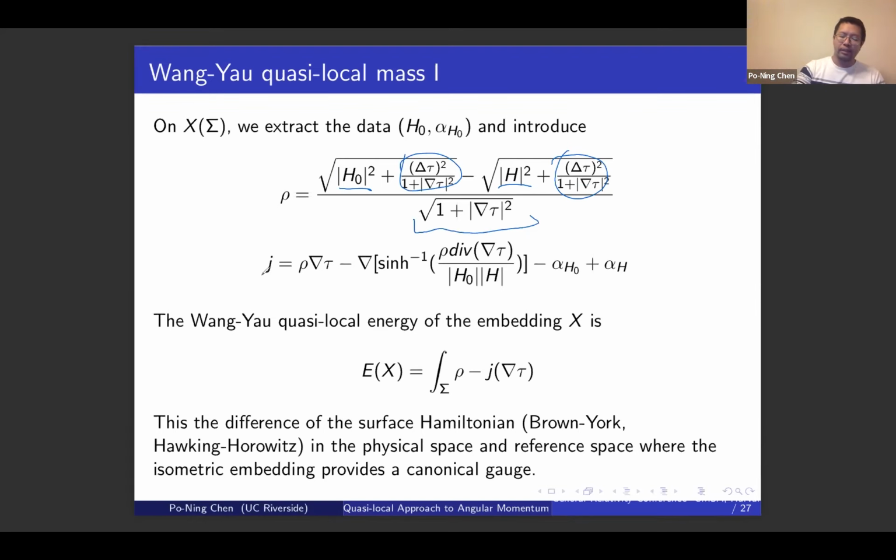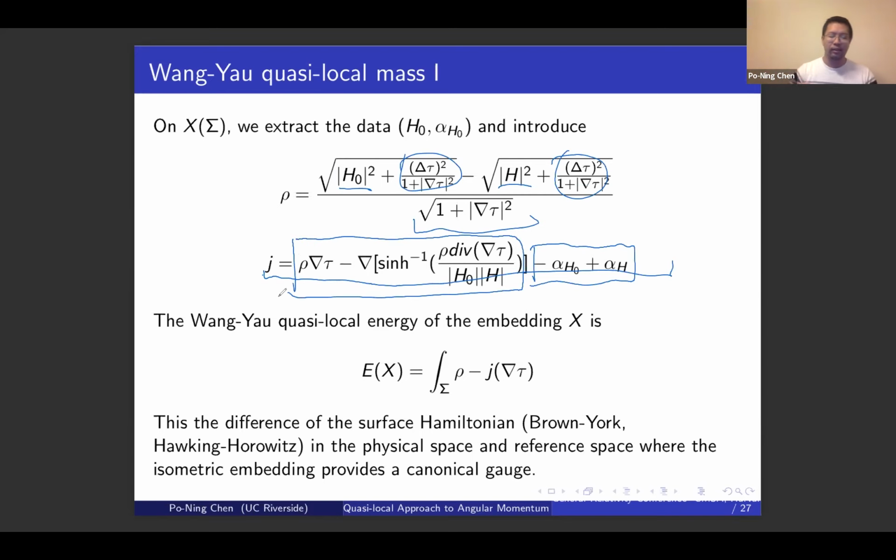And a quasi-local momentum aspect, where the main term comes from the difference between the connection forms, but then corrected by some expression of tau.